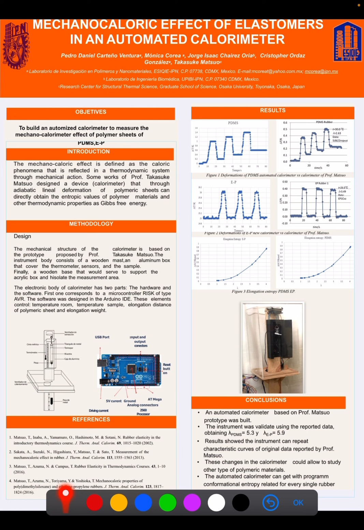The electronical body was controlled by a microcontroller, an Arduino 2560 Mega, and we designed all the software with the Arduino Software IDE to obtain an interface which allows us to measure elongation and shrink of elastomers while they undergo an adiabatic linear deformation, to obtain these changes inside the sample and to get these changes versus time.